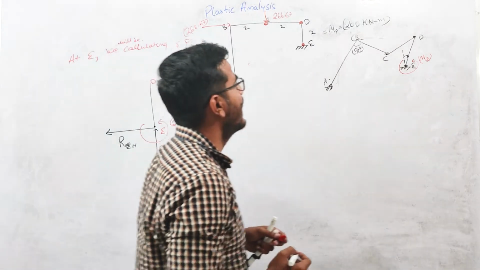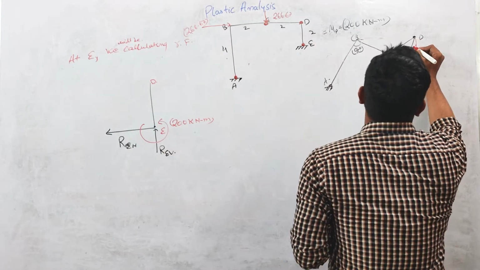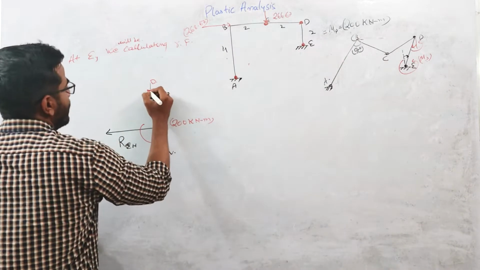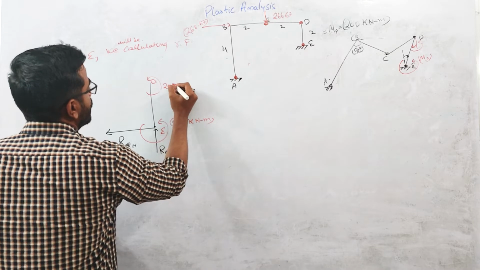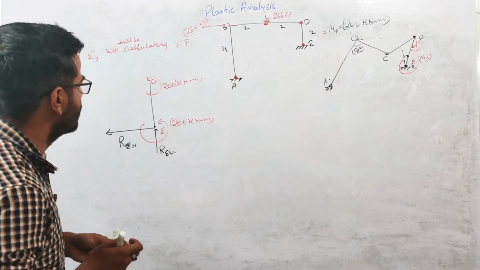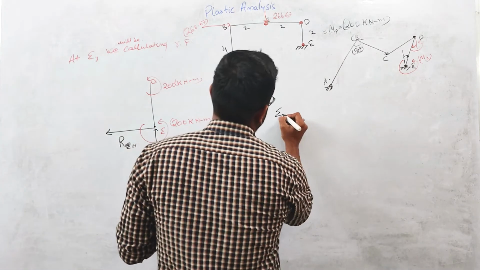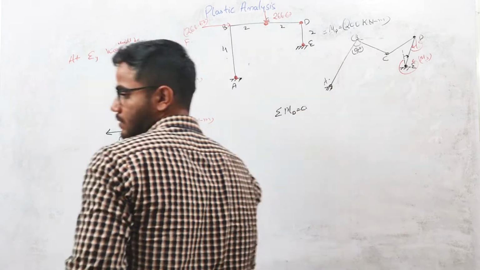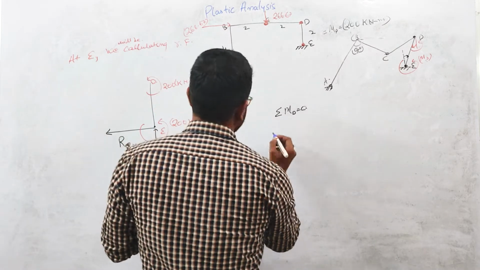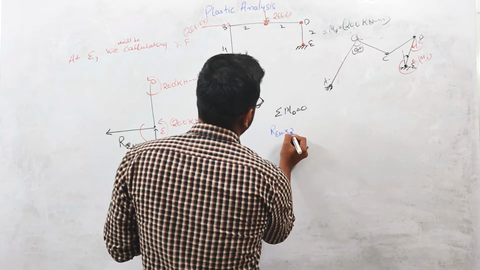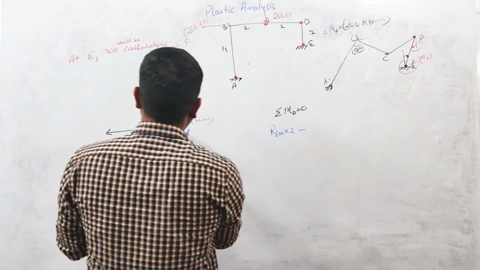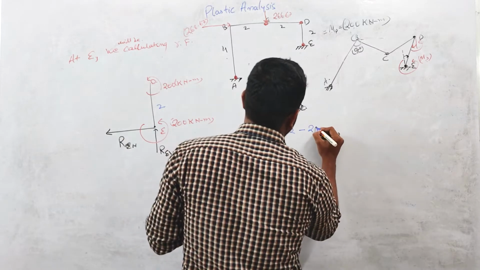At the D point, you can see that the direction of the rotation of the member is clockwise. So again, the moment will be in anti-clockwise direction. The value will be 200 kilonewton meter, right? So if you take summation MD equals to 0 and calculate this REH, then REH into 2, this distance is 2 meter. This moment is anti-clockwise, so I will put a negative sign.